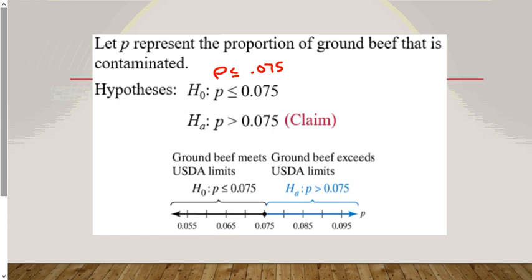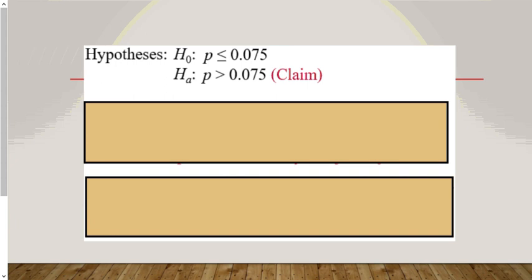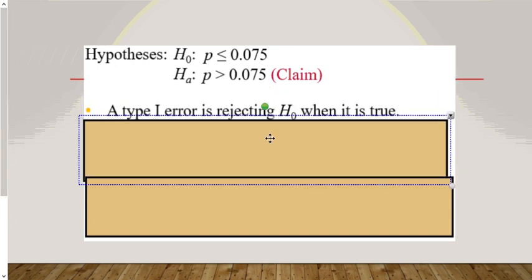Now, anytime you do a test, it's possible to make errors, the type 1 and the type 2 errors. So let's see what could happen. Remember, a type 1 error is when you reject the null, but you shouldn't. Think about what that is. That means you're saying that the true proportion is higher than 7.5% when that's not actually true.